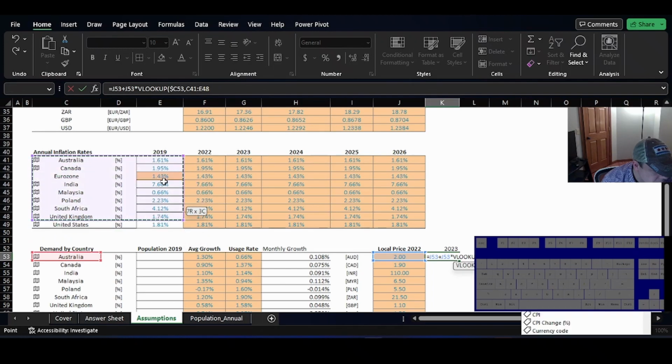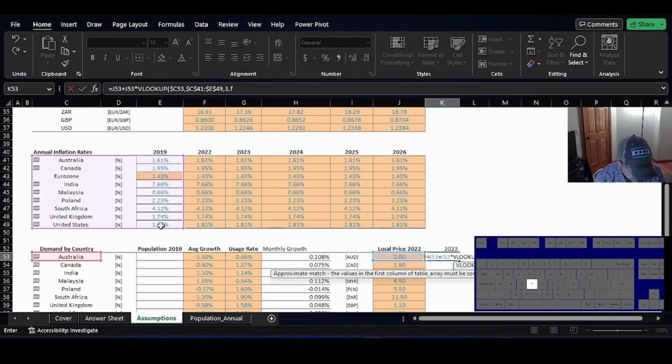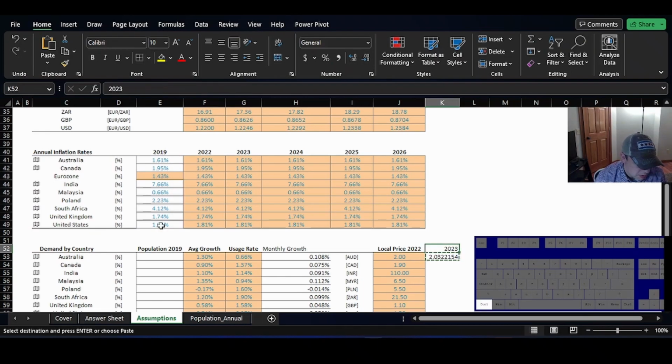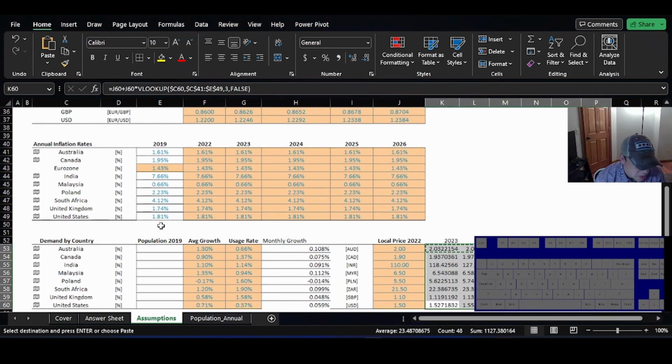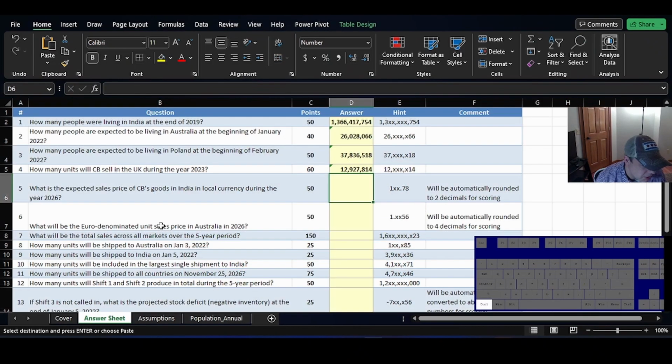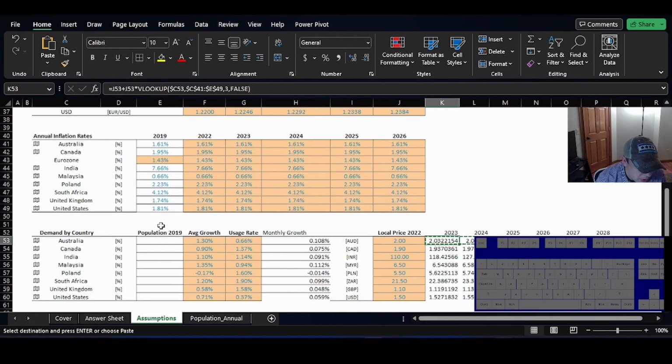Yeah, is that 3, right? 4, 3, false. I don't know. I hope this is what they're looking for here. We'll see shortly. All right, so let's get this. How many decimals is it going to? 2. Okay.